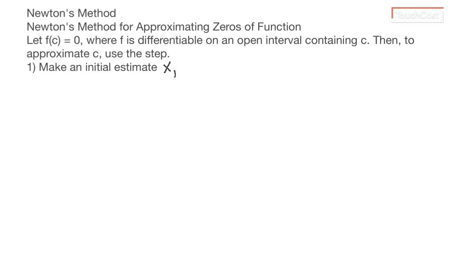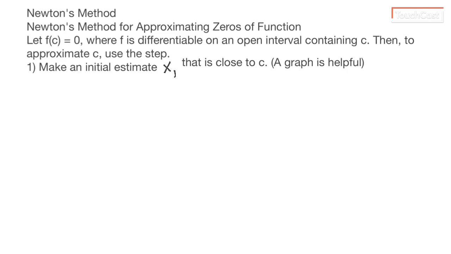That initial estimate is close to c. So it might be helpful to check a graph, just so you can get an estimate as to where you think your first estimate might be.